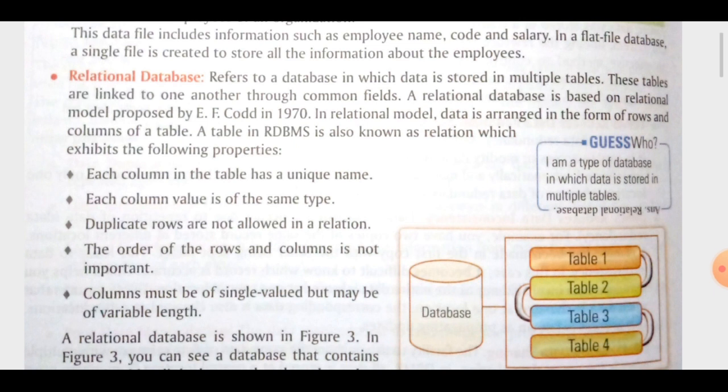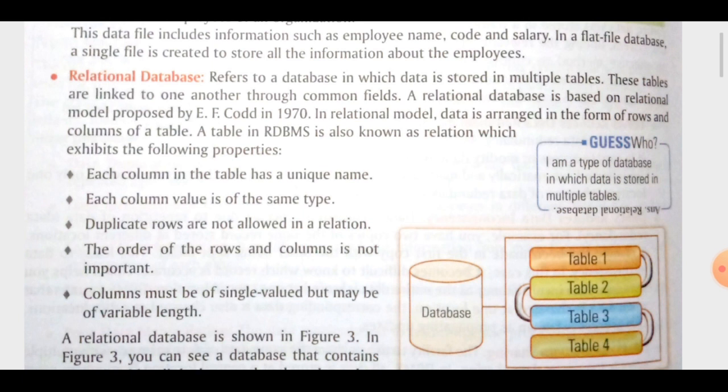As you can see in the figure, there is a database and there are table 1, table 2, table 3 and table 4, meaning all these 4 tables are stored under the single database. For example, if you had created an employee database, then their project records, personal records, transfer records, experience records, salary records, all types of records can be saved under a single database known as the employee database.